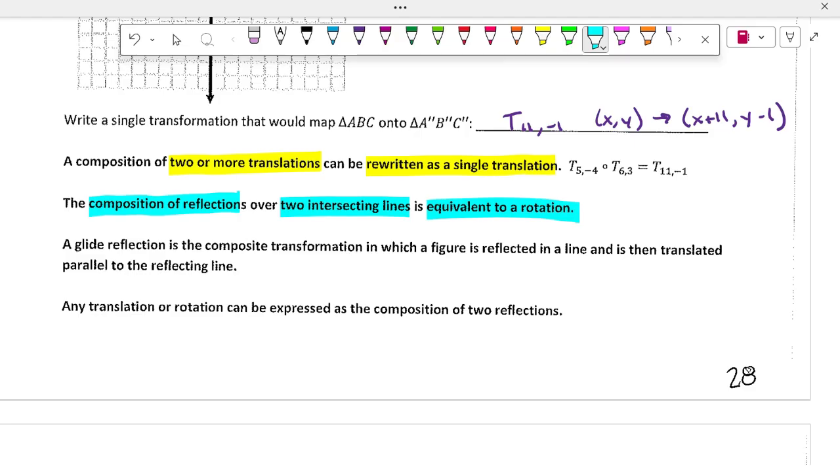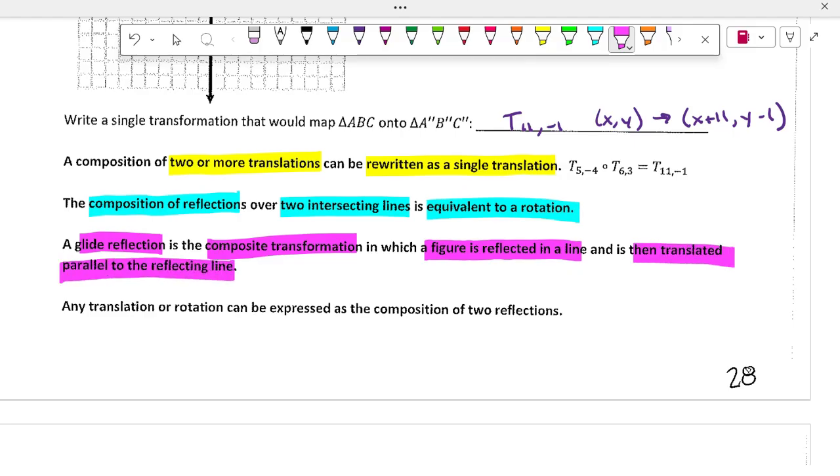Now, a glide reflection is a composite transformation in which the figure is reflected in a line and is then translated parallel to the reflecting line.